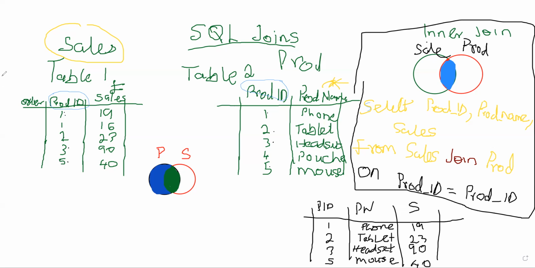So if we use this, let's write the query. I want to select product ID. There's something I did not do on the other side, but I will not tell you until you spot it out.